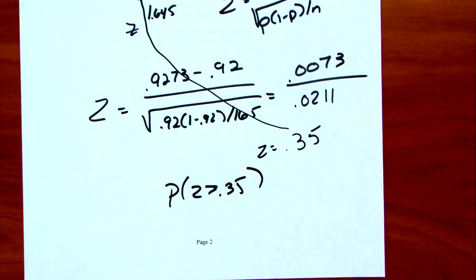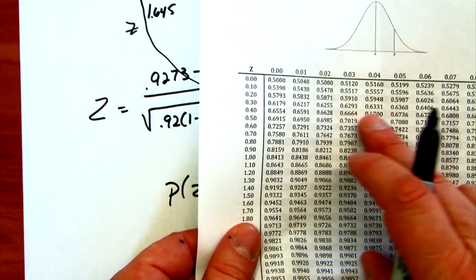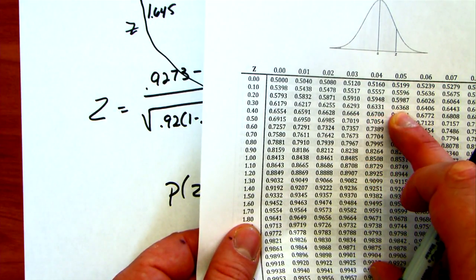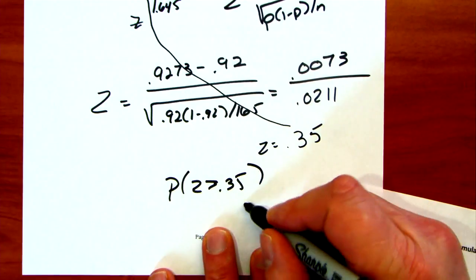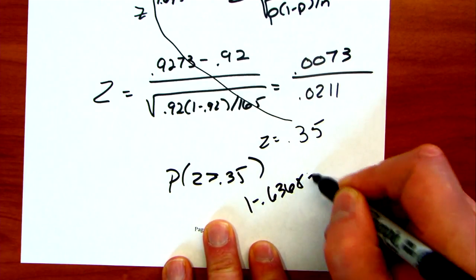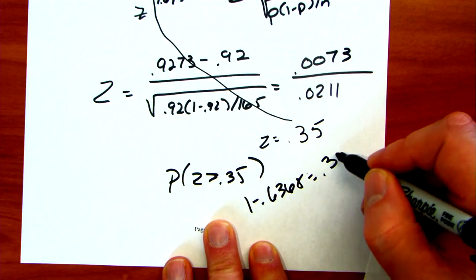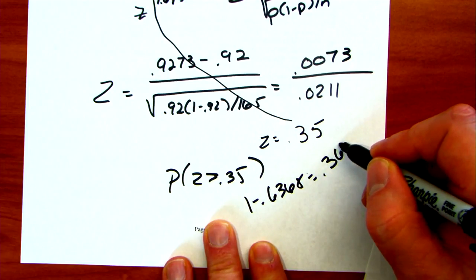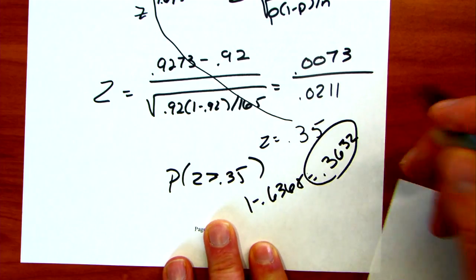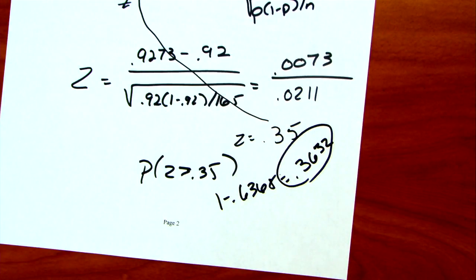Well, if I look up 0.35 in my Z table, it gives me 0.6368. 1 minus 0.6368 is 0.3632. In a word, if I have a p-value of 36%, what I'm saying is the odds that if I make this claim I'm wrong is about 36%. In the world of statistics, if that's the evidence we have, we say we have how much evidence? None. Zero. No evidence. Okay, does this make sense?